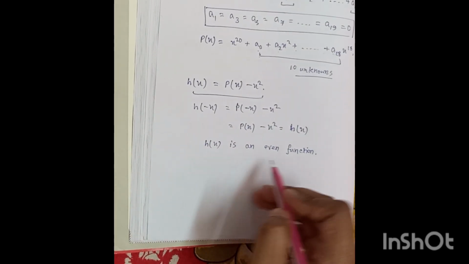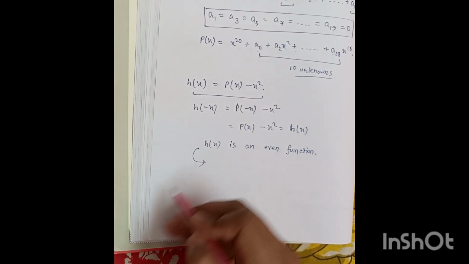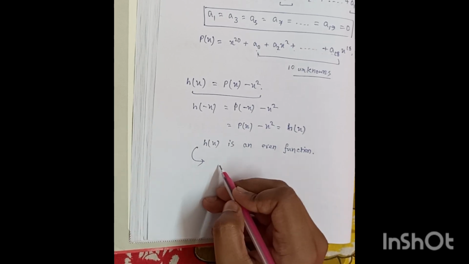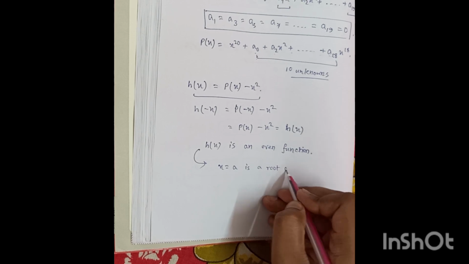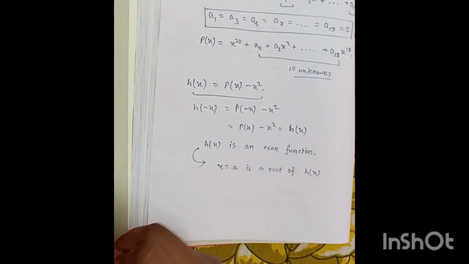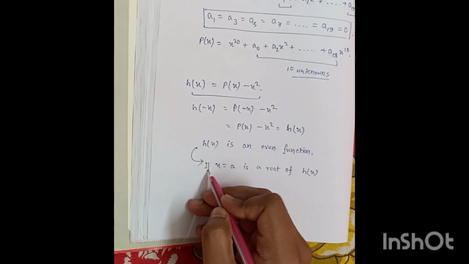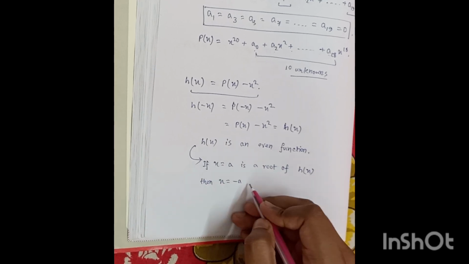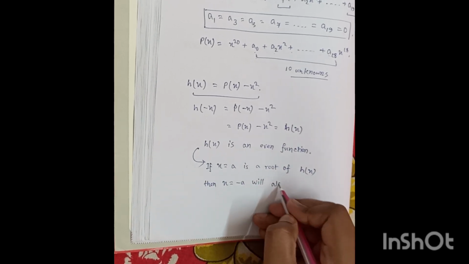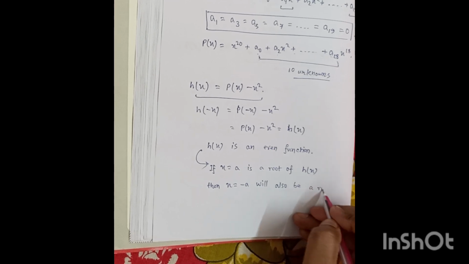Now as h(x) is an even function, we can use the property of even functions, which is that if x equal to a is a root of h(x), then x equal to minus a will also be a root.